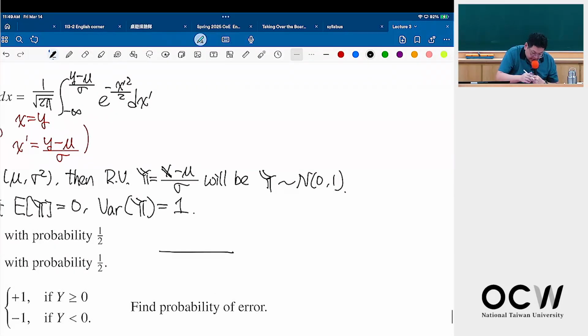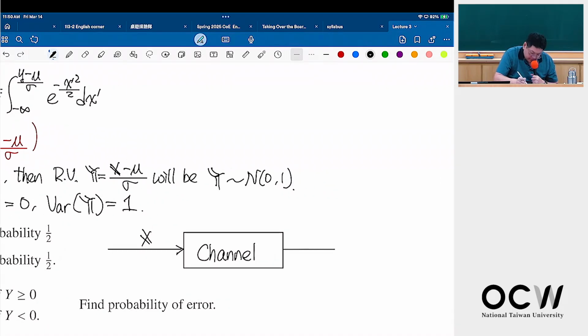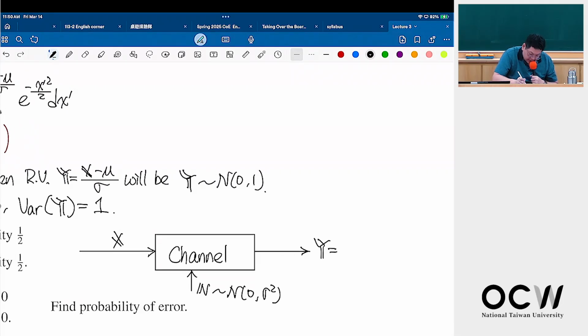I send a signal X to a channel, and in the channel I may have some noise. This noise is N, a Gaussian distribution with 0 mean and variance sigma squared. Then my output will be Y equals X plus the noise N.